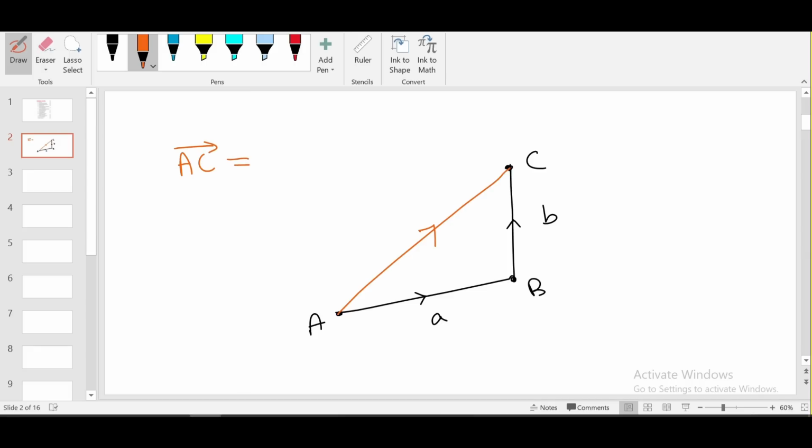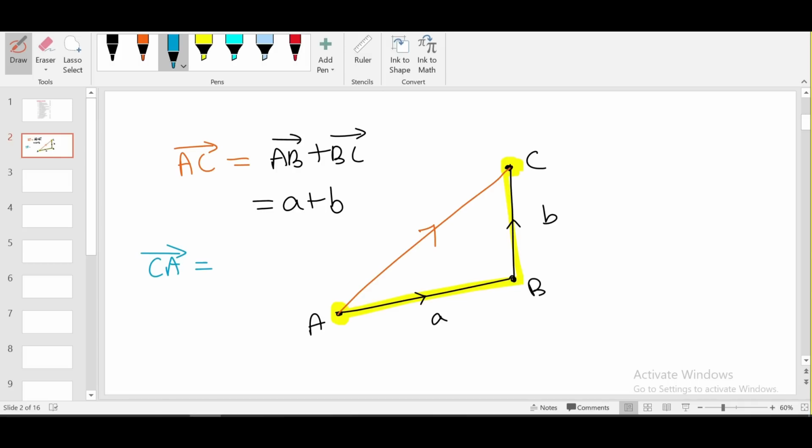You need to start from A and reach C by following the defined path. So first you write using the vertices, AB plus BC, and then you can write it as a plus b.